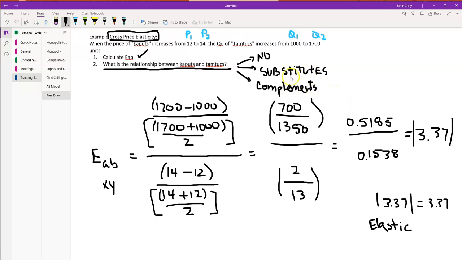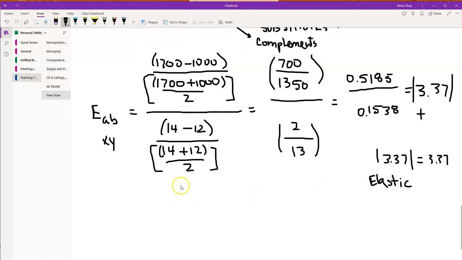Now, how do we know whether they're substitutes or complements? In this particular case, notice that as the price of caputs went up, people bought more tantalks. That means that people were changing from buying caputs to buying tantalks, so these two products are substitutes. Notice that this number is positive at the end, and that's one way to tell. If you calculate cross price elasticity and end up with a positive number, the two products are substitutes.